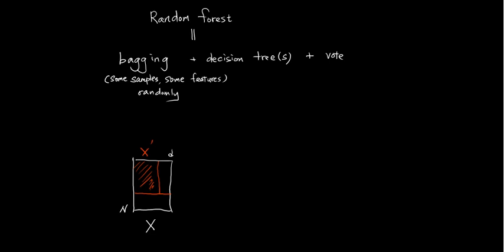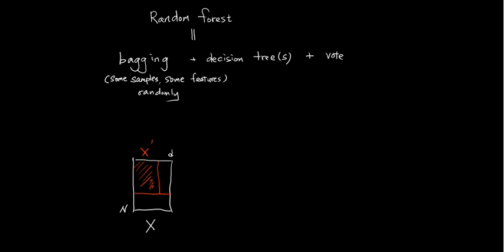I just build one tree by some of the data. So the next time you are going to do the bagging again, you take some of the samples, some of the features randomly. So the next time it might be the other part of the samples, the other part of the features, and then you send that to the decision tree. And then you build the second tree.